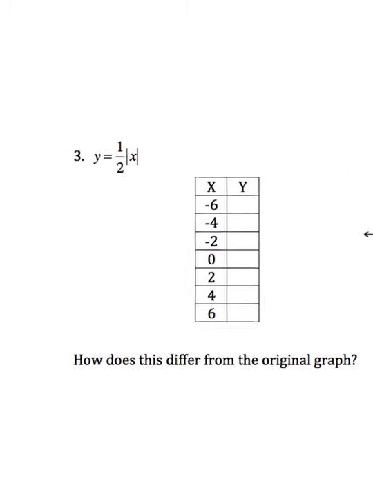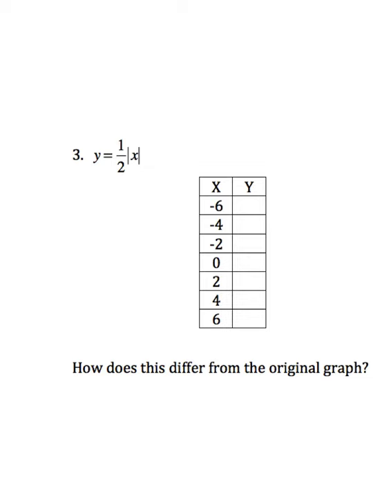So let's do the same thing. Let's plug stuff in. If I have negative 6, we're going to do 1/2 times the absolute value of negative 6. Notice I changed these x's here, right? That would be 1/2 times 6, which is 3.